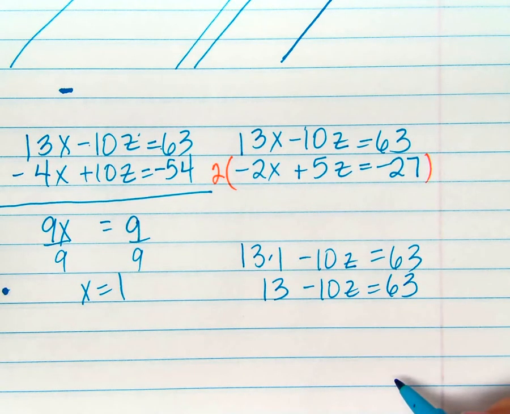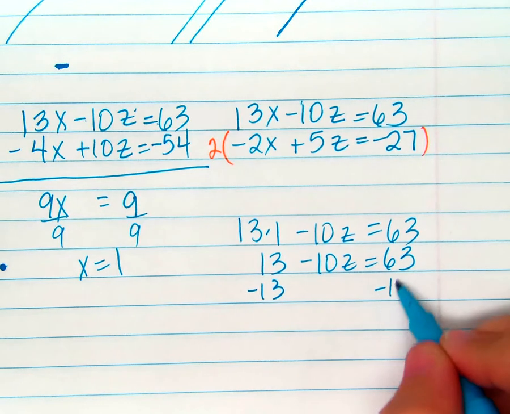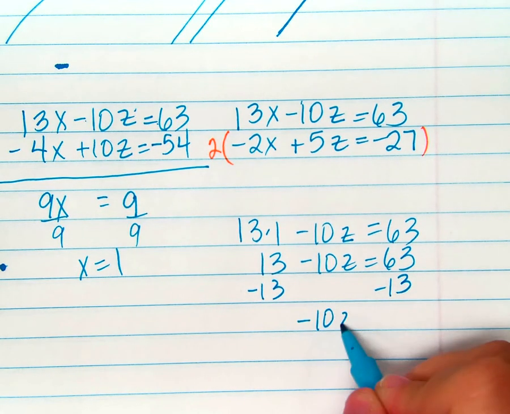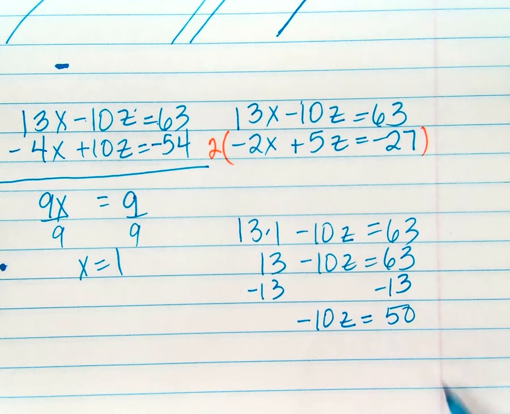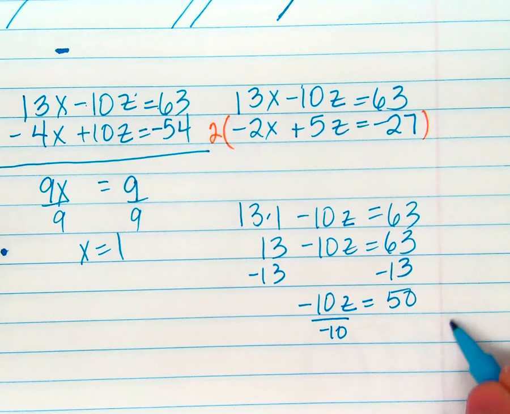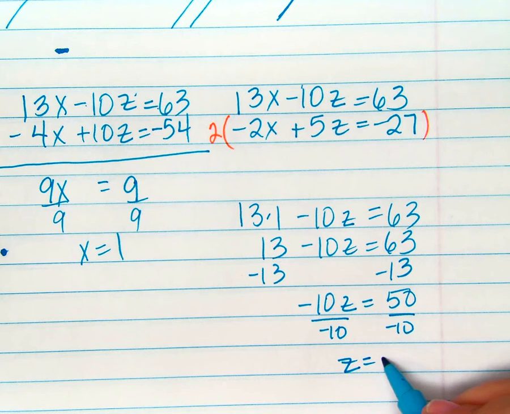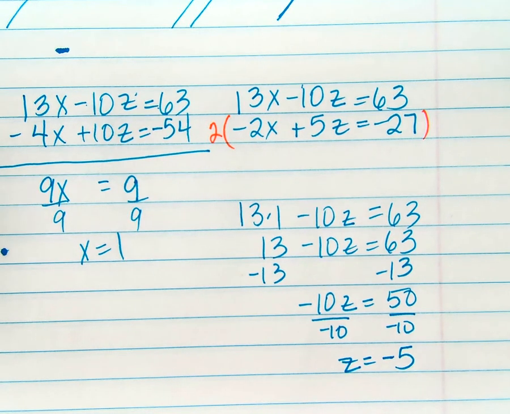So I have to subtract 13 from both sides. Negative 10z equals 50. Divide by negative 10. Z equals negative 5. Now I'm done.